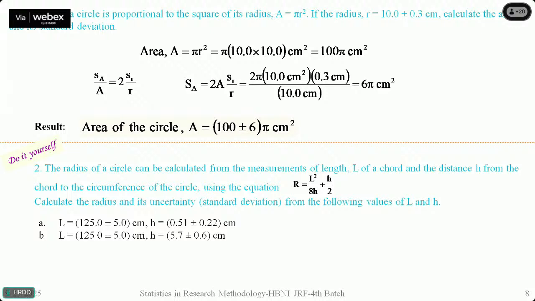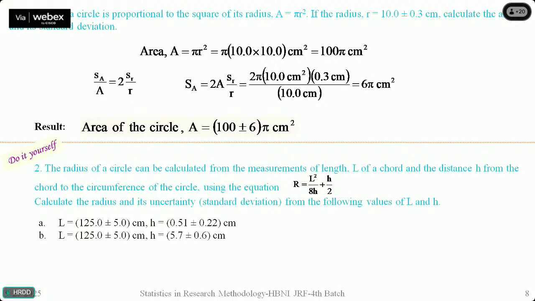This formula. U L by L will be, U L square by L square, sorry. U L square by L square. The formula for... Some other term I will use.